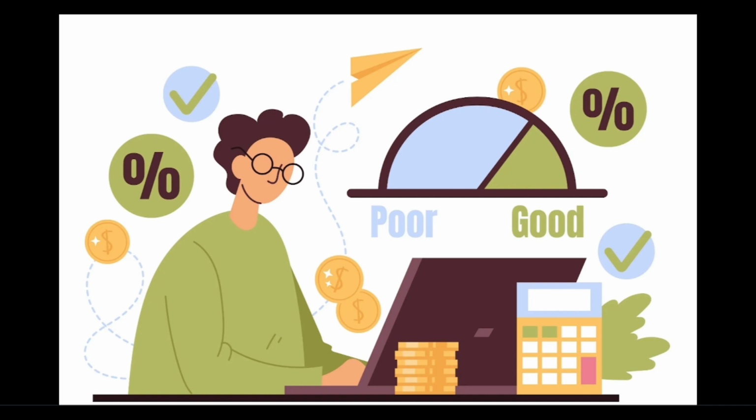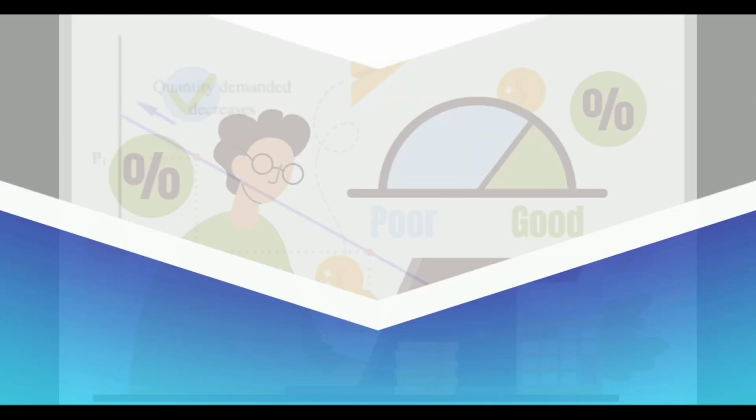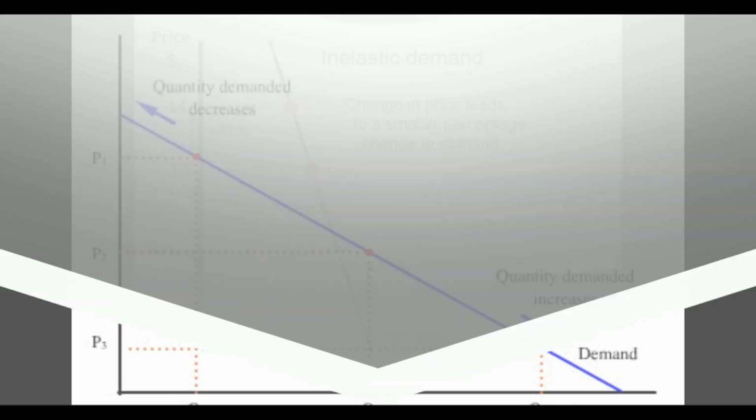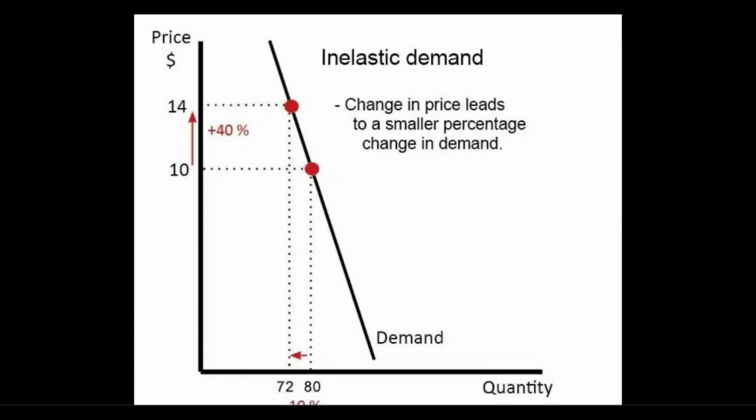If we're talking about revenue, when the demand is elastic, as we said before, lowering the prices is going to increase the total revenue, because elastic demand means that a small price change leads to a big demand change. So lowering prices is going to increase the demand. And if the demand is inelastic, raising prices is going to increase revenue, since consumers are not going to care that much about the price.